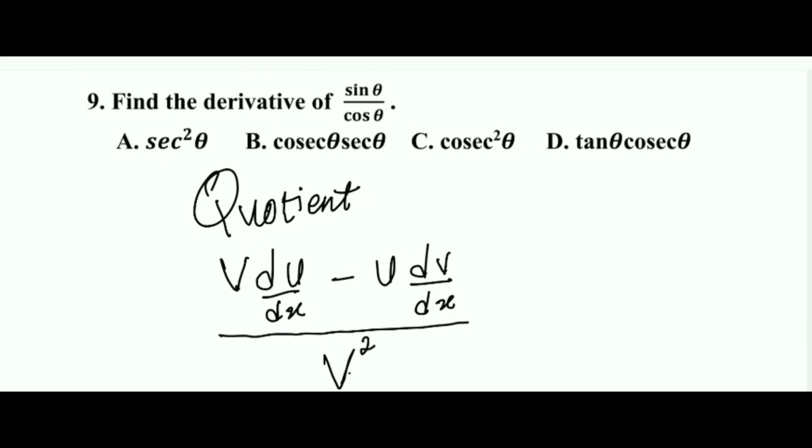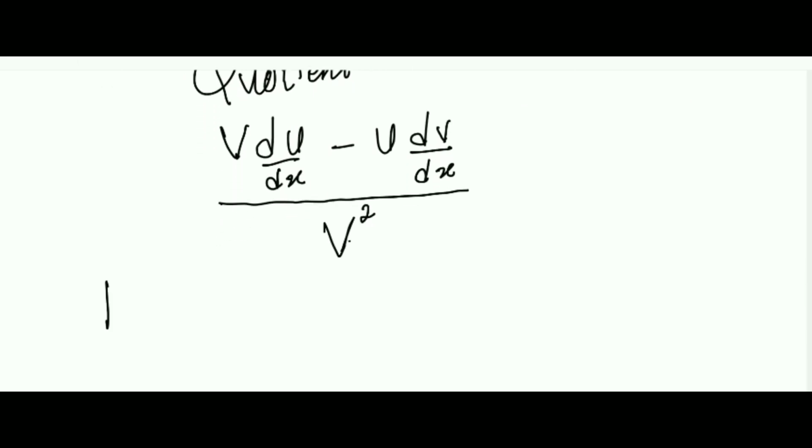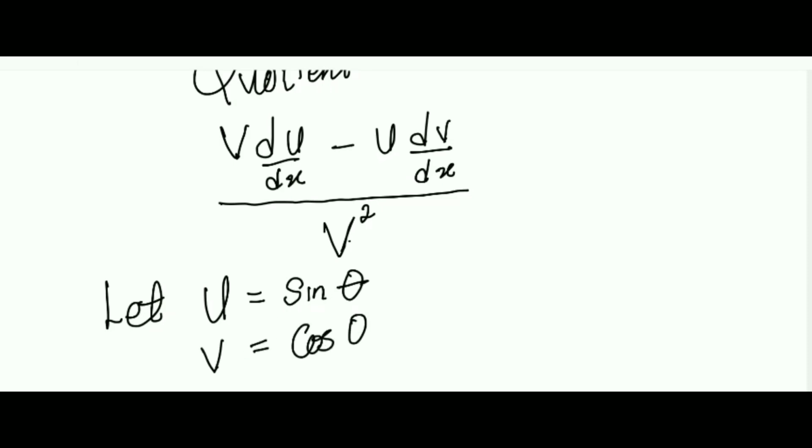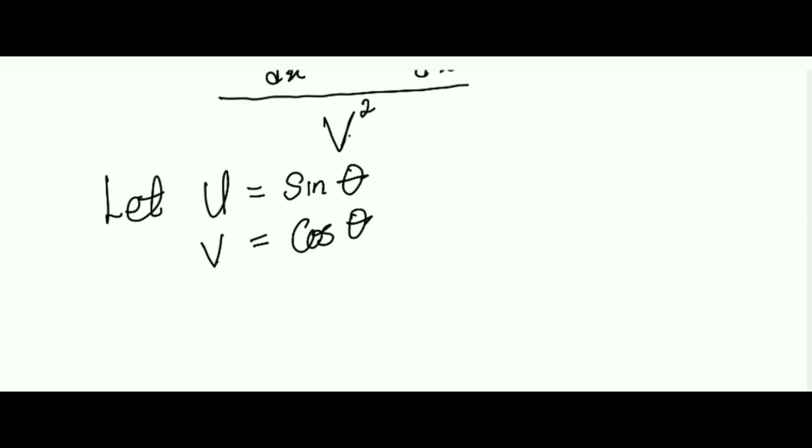You use this rule when you are differentiating fractions. Just like here, I have sine theta over cos theta and I want to differentiate this. So I say let u be equal to sine theta, the numerator, and let v be equal to cos theta. So let's substitute here.